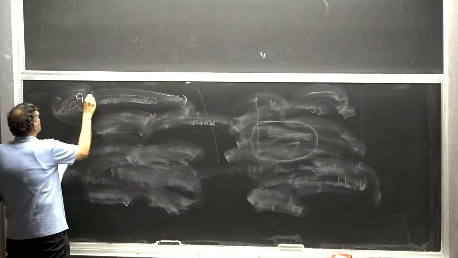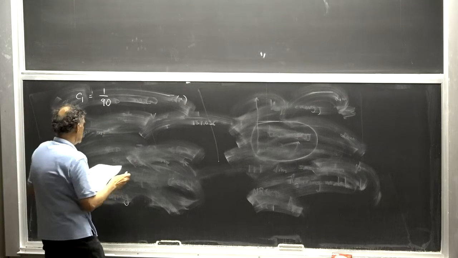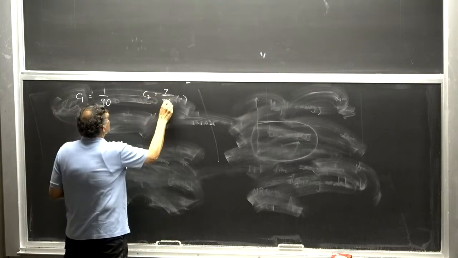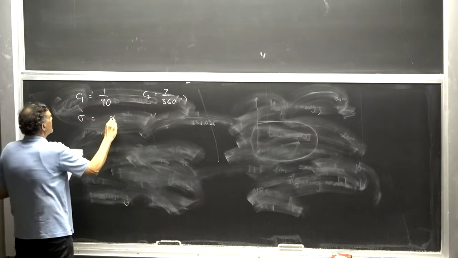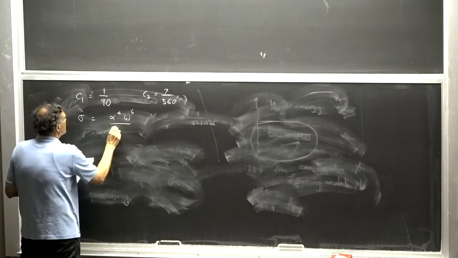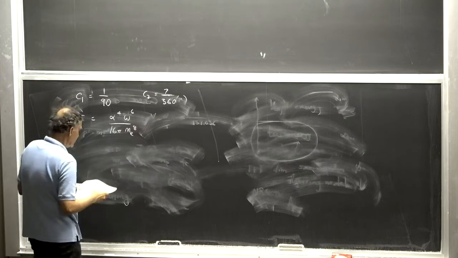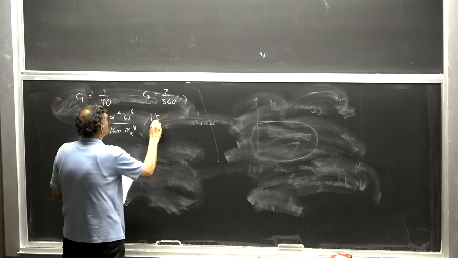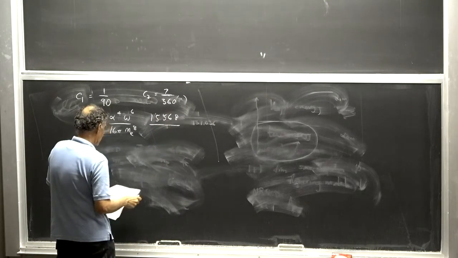C1 is 1 over 90. C2 is 7 over 360. And the cross section is what we wrote down, alpha to the 4, omega to the 6 over 16 pi me to the 8 times, what is it, 15568 over 10125.